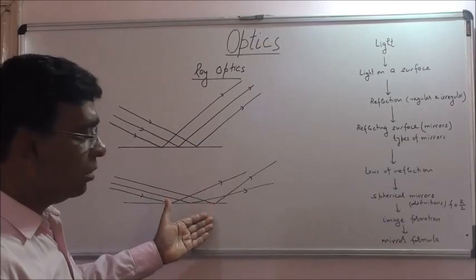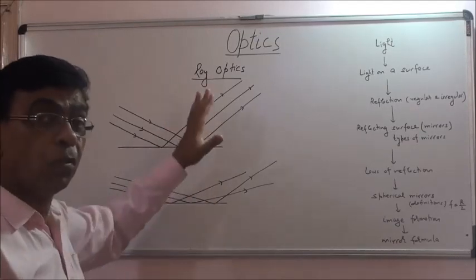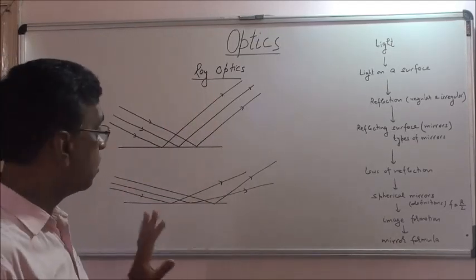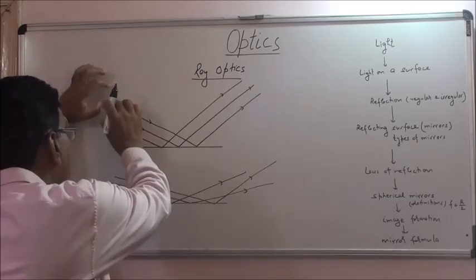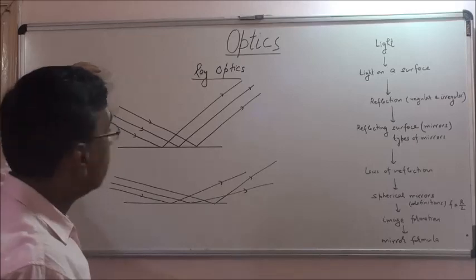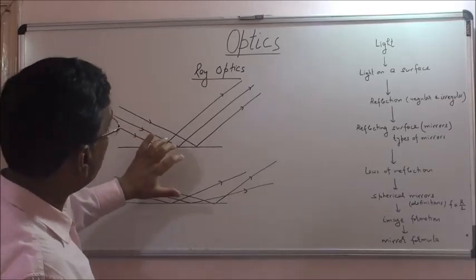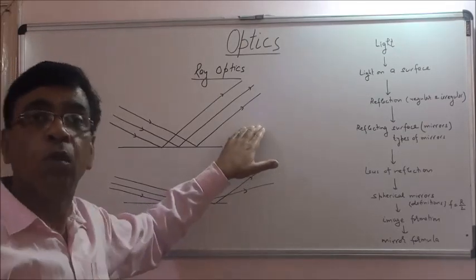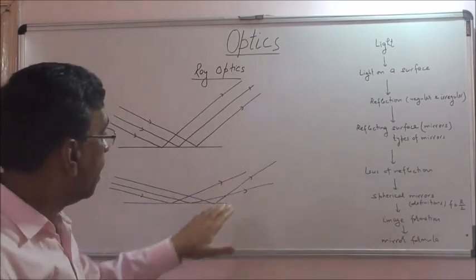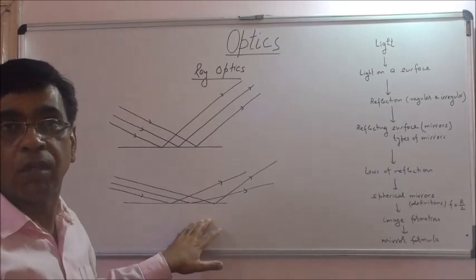The reflection may be like this or it may be like this, though in both the cases it is following the same laws that I will tell you. But when we have parallel rays of light, we have a light beam going in a specific direction, we call it regular reflection. And this one will be irregular reflection.